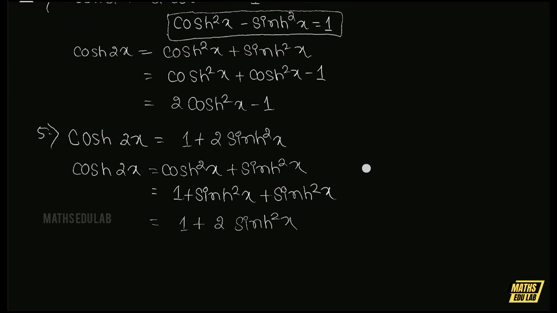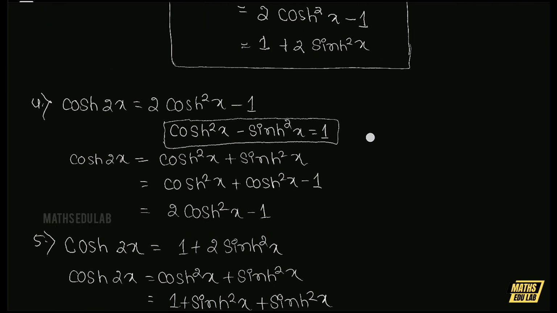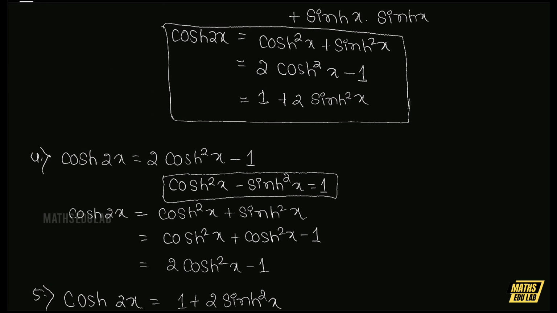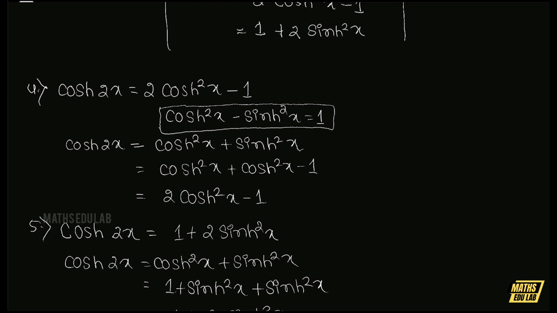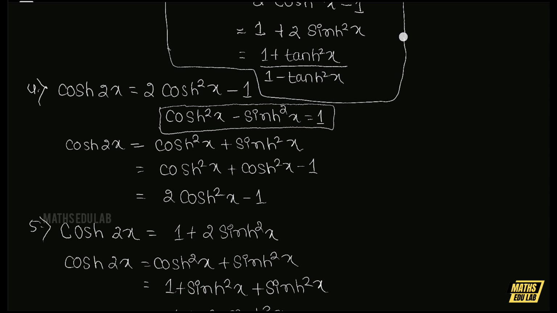So these are the values for cos hyperbolic 2x, and there is one more formula for cos hyperbolic 2x, that is, here I am writing one more formula, which is nothing but 1 plus tan hyperbolic square x upon 1 minus tan hyperbolic square x. So let's solve for this one also. We will prove the value.